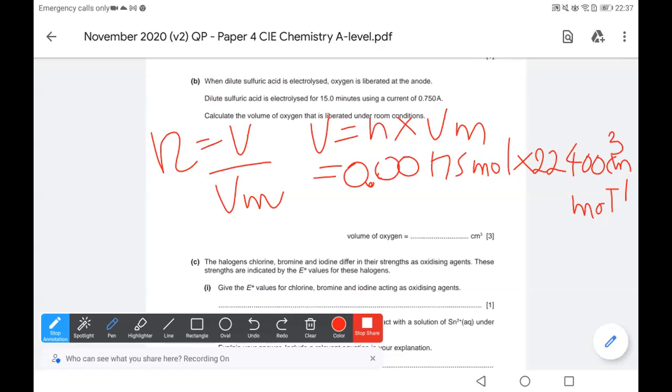That is the way you have to do this calculation. 39.2 cubic centimeters will be the answer.